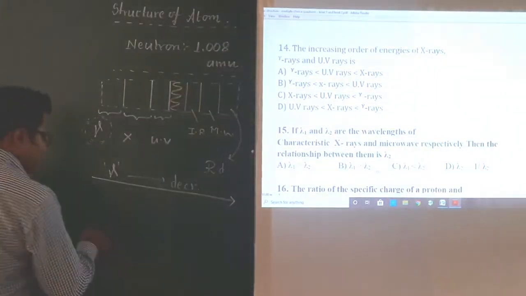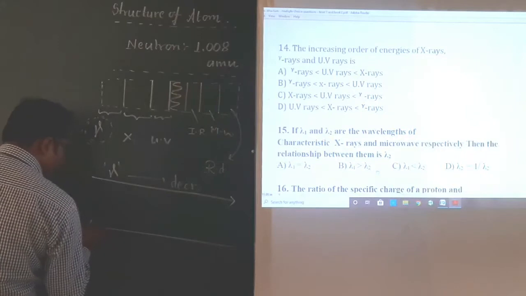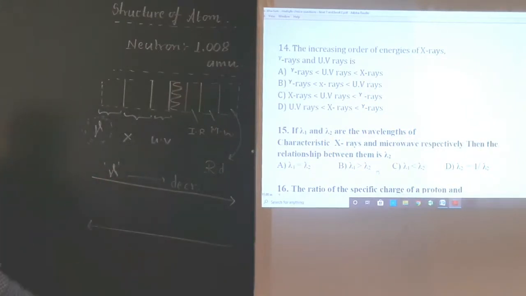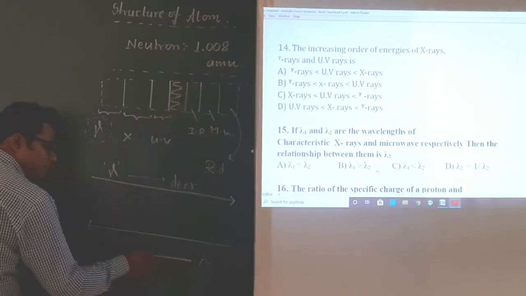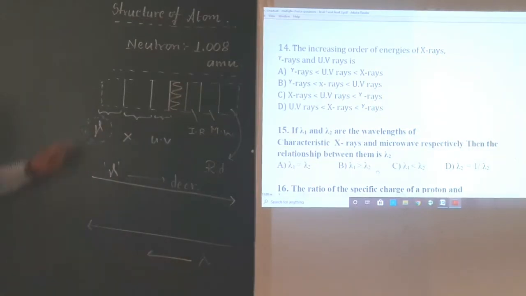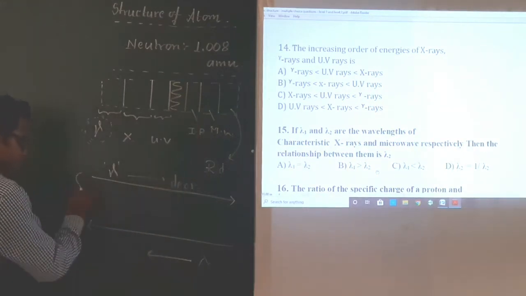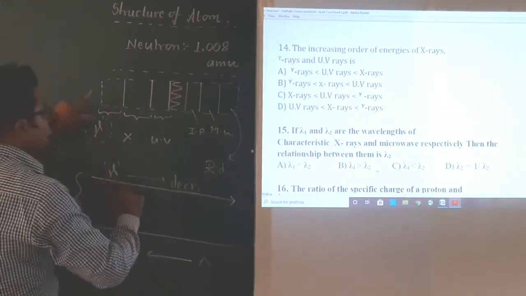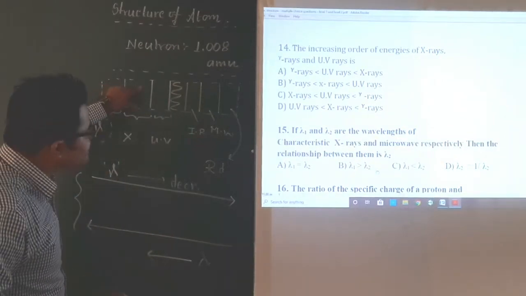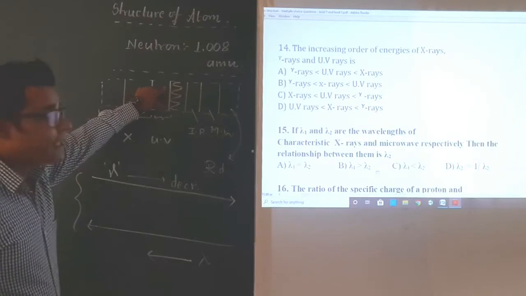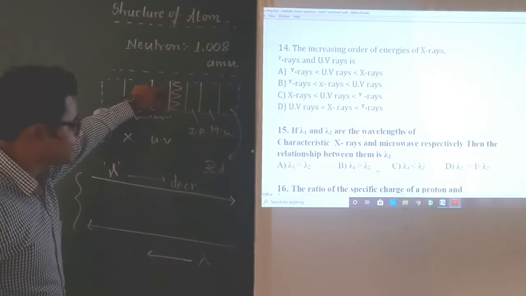As we come from right to left, the wavelength goes on decreasing in a spectrum. So remember this sequence. Here, the frequency of gamma rays is the highest, followed by X-rays, followed by UV. So far they have asked us only these three.